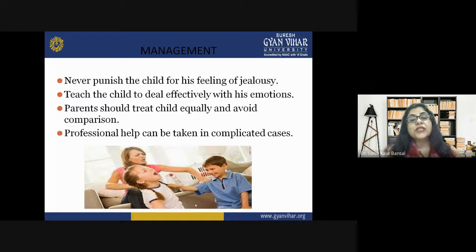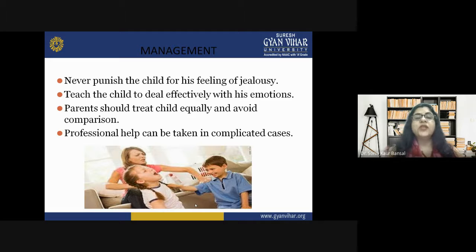Parents should treat children equally and avoid comparison. This is a basic reason why jealousy arises, because the parents have started comparing the children. Professional help can also be taken in very complicated cases if the problem is not cured by these small management things.